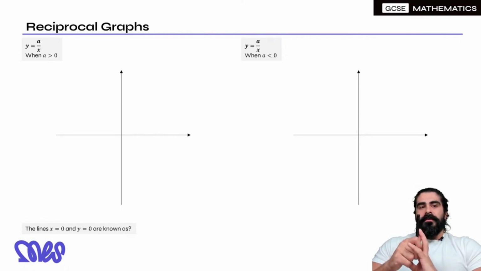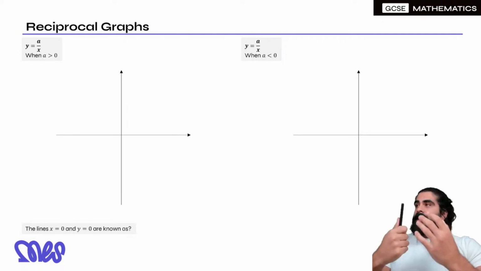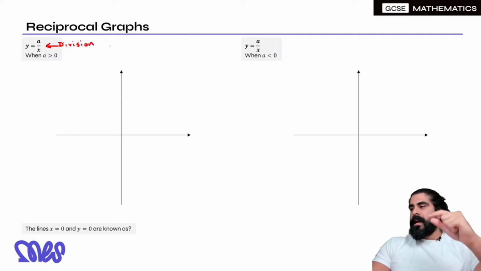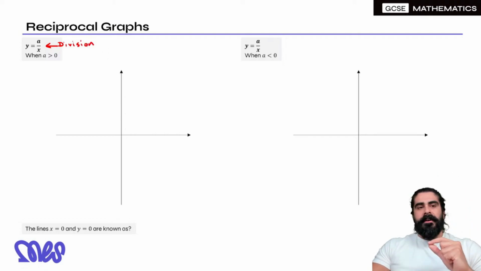Reciprocal graphs, for example, a over x. The way you think of it is, it's a division, right? You're doing a number divided by x. Now, x is something that can keep changing. Think about it like this.